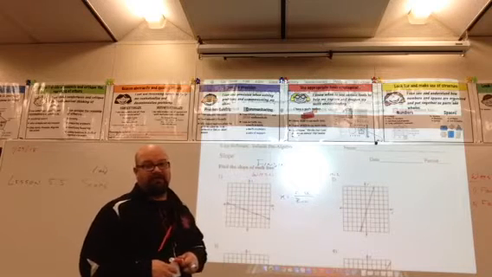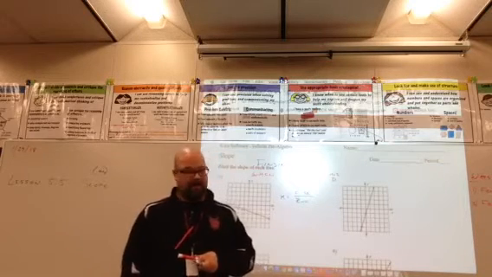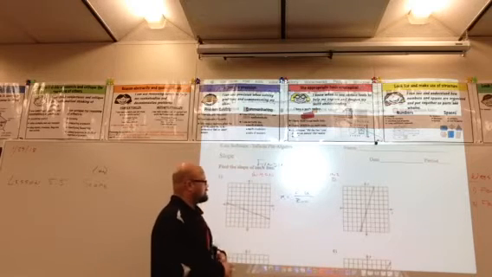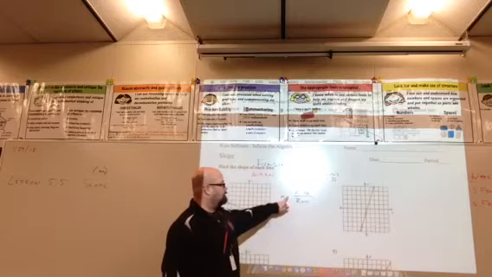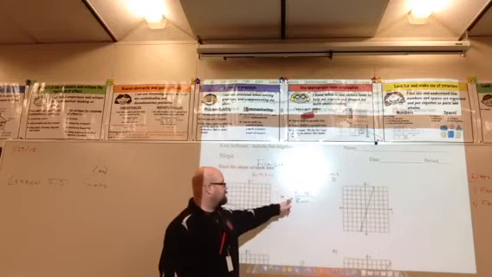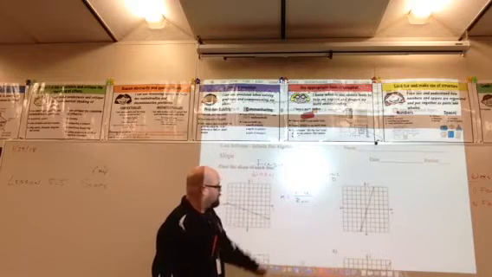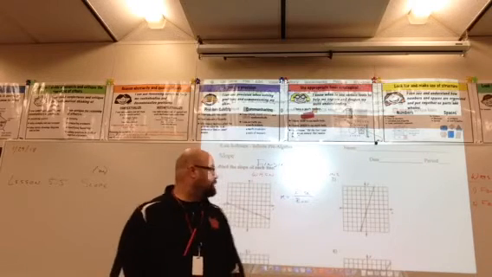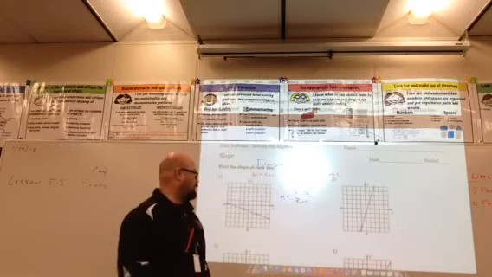So today we're going to talk about finding slope when given a line. If we recall back, slope is a ratio. We have a top and a bottom, rise over run. Remember, we use the letter M for slope, but it's rise over run.